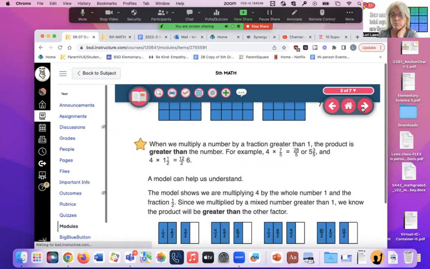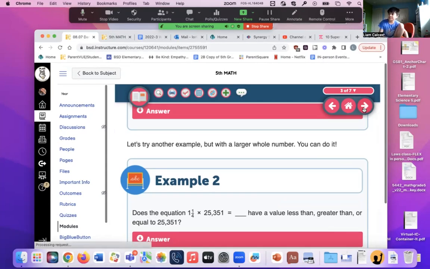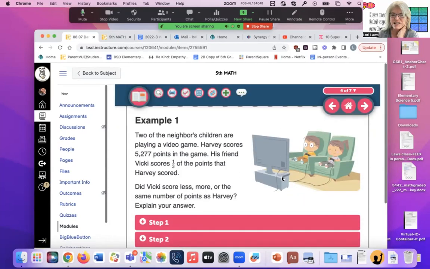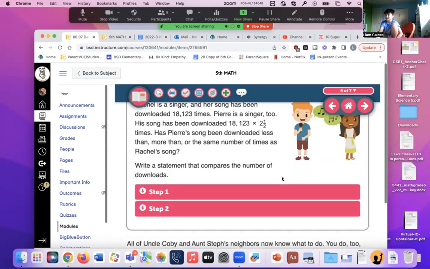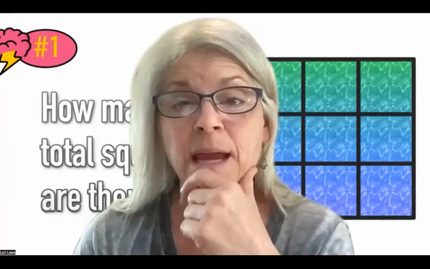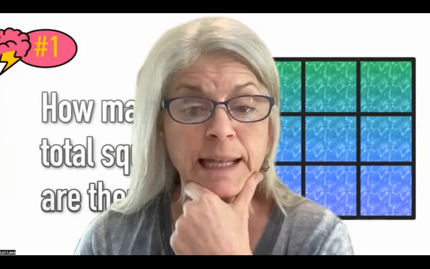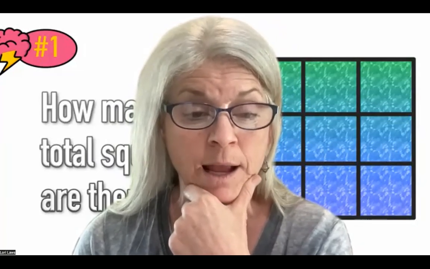They give you lots of practice. I'm noticing a pattern in the lesson. So I'm going to have all of you go all the way through the lesson. If you have a question, you can come back to me in the main room and ask me your question. Otherwise, I expect you to work on 8.07 unless I told you to work on a different one.